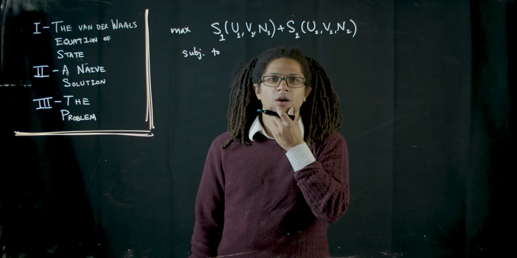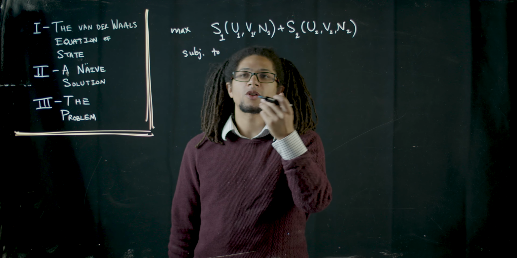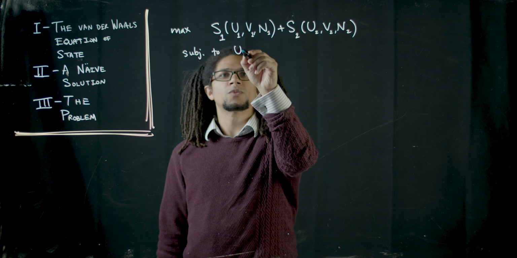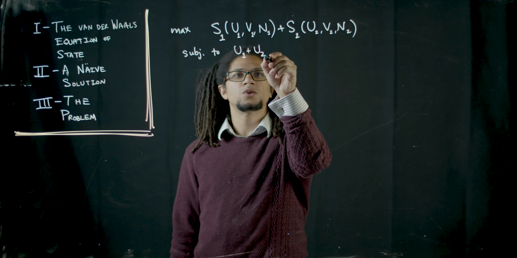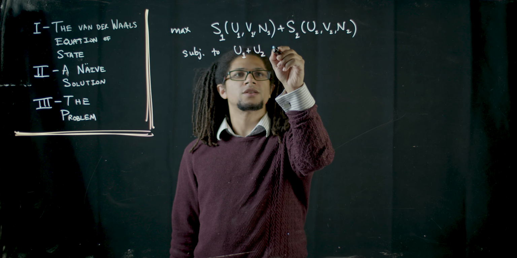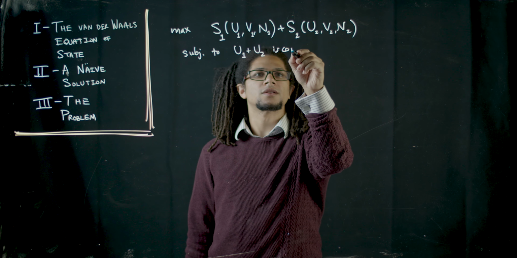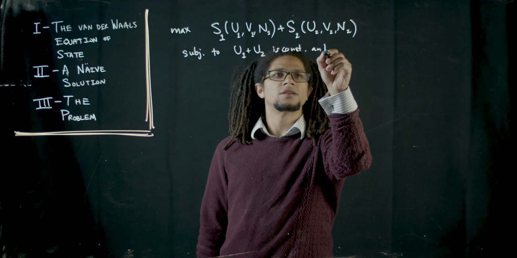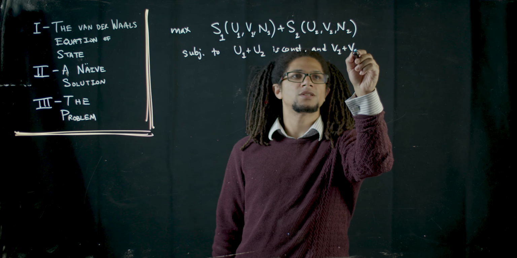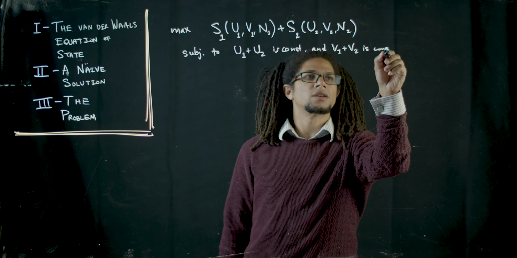let's for instance talk about a thermomechanical join. So U1 plus U2 is constant, and V1 plus V2 is constant.